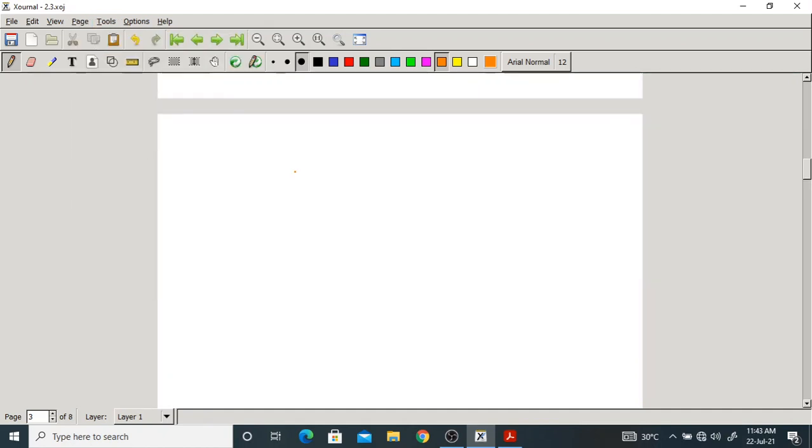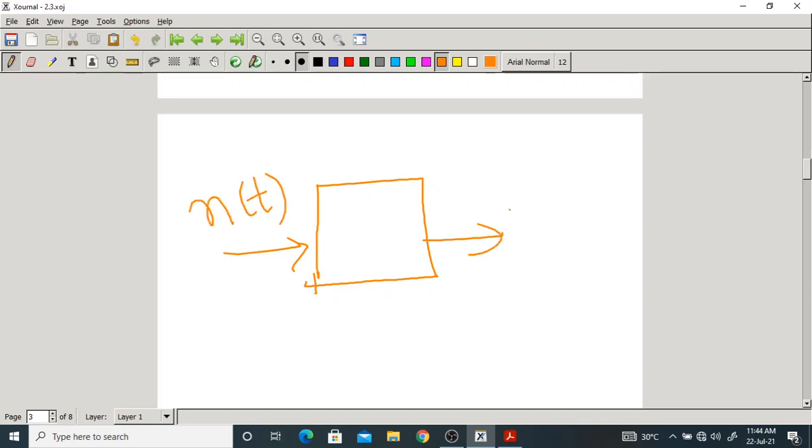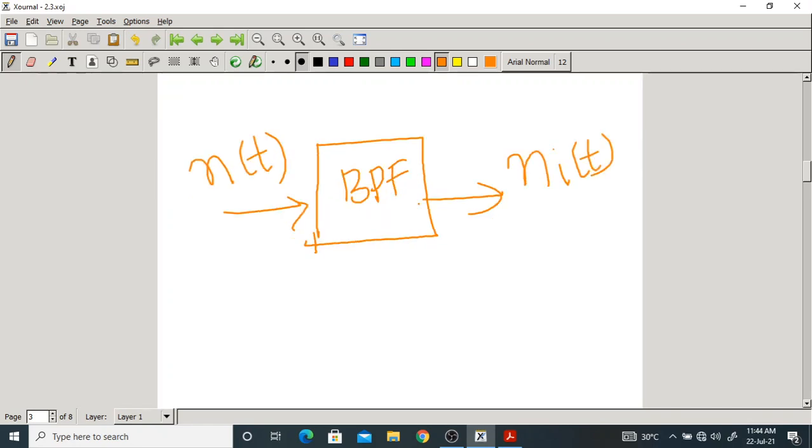So simply, this is a band pass filter with a bandwidth of 2(Δf + f_m), or W. This is n(t), and this is n_i(t). But what is n_i(t)?